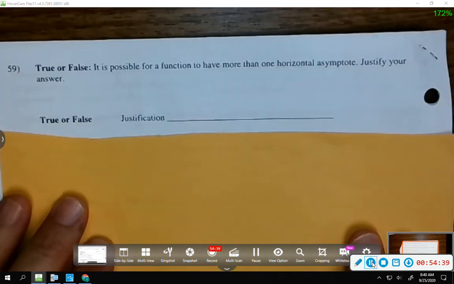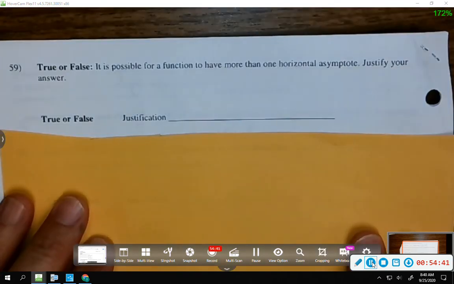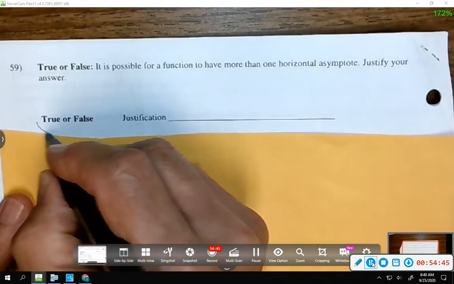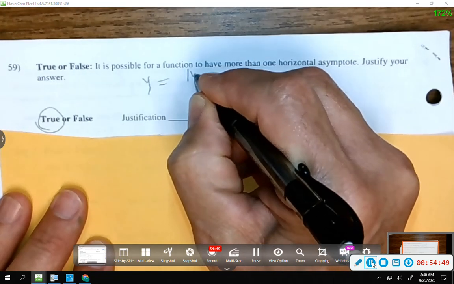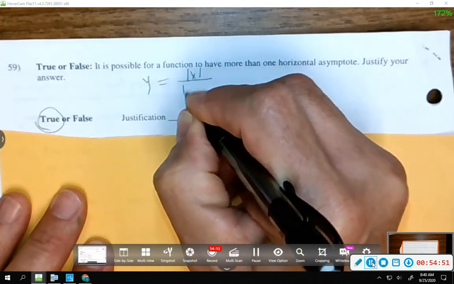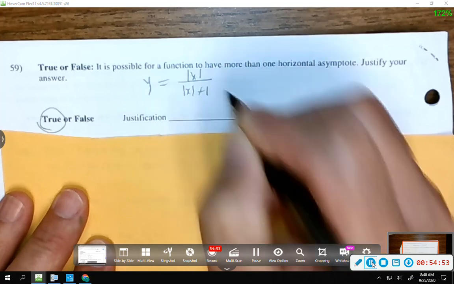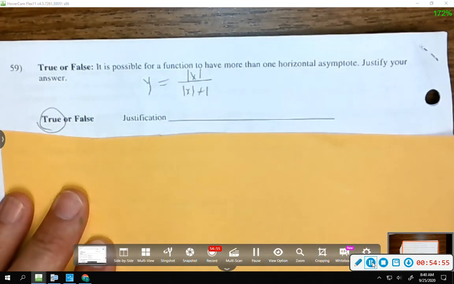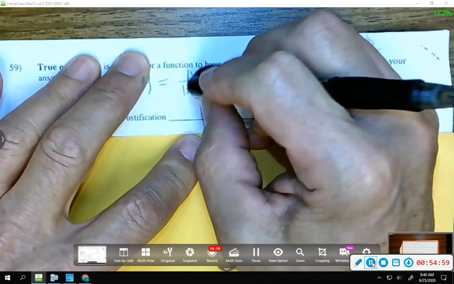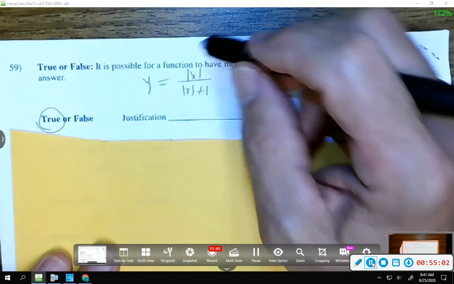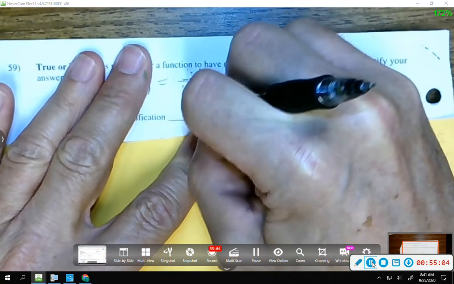It is possible for a function to have more than one horizontal asymptote. Justify your answer. True. We've looked at a couple of them. Here's a good example: the absolute value of x over the absolute value of x plus 1. That has two horizontal asymptotes. Oh, let me say that again. This one actually only has one horizontal asymptote. But you can have more than one horizontal asymptote if we do this.